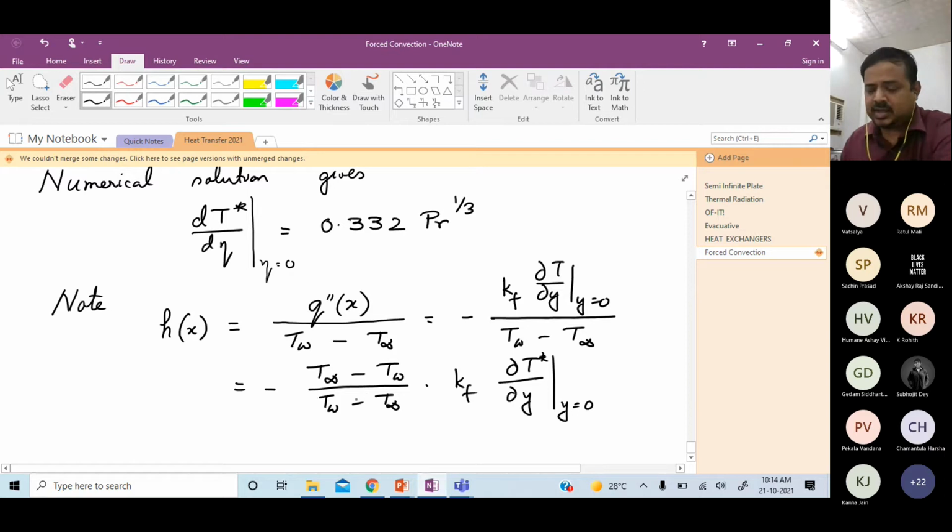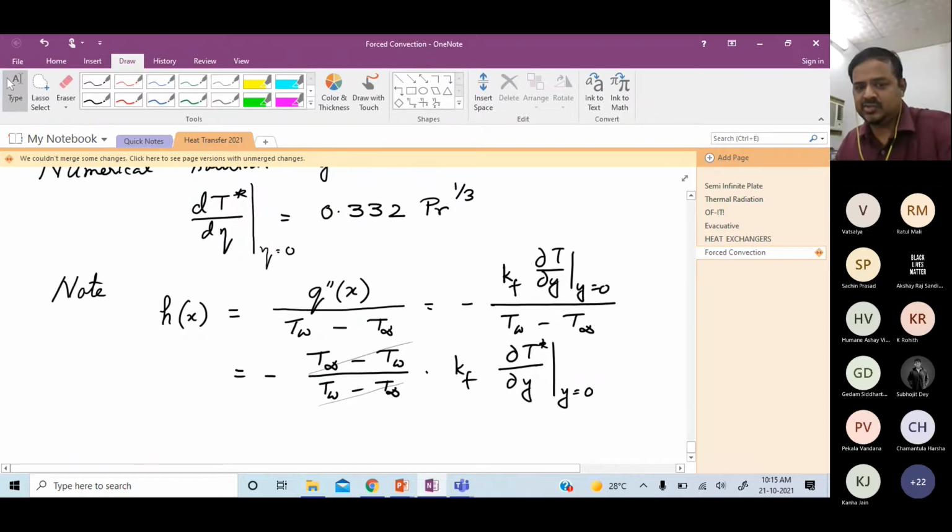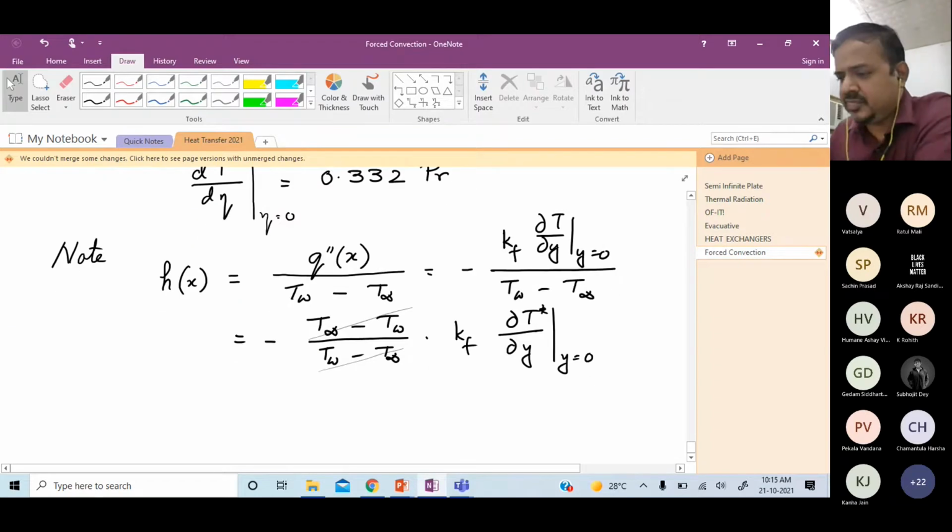So see, these two cancel out, along with the negative sign. But this is del T star del y, and what I have is del T star del eta. So I have to convert it.